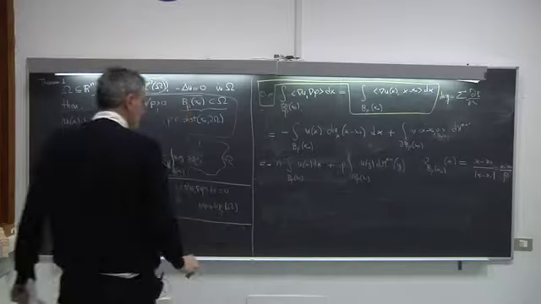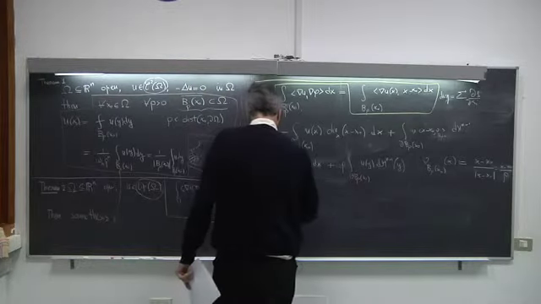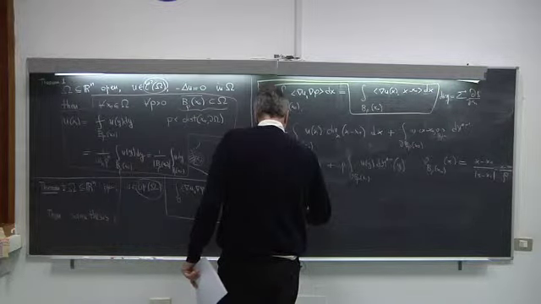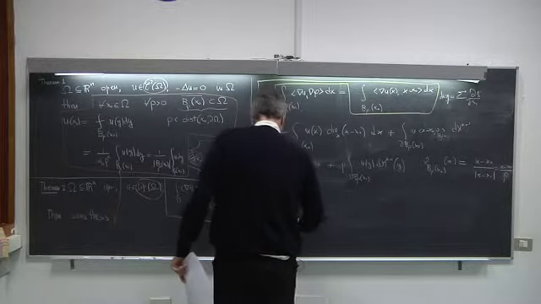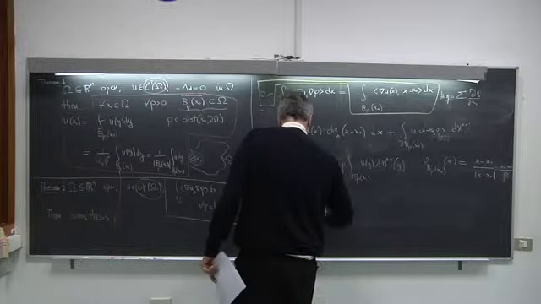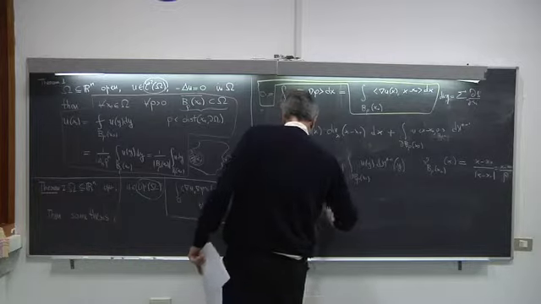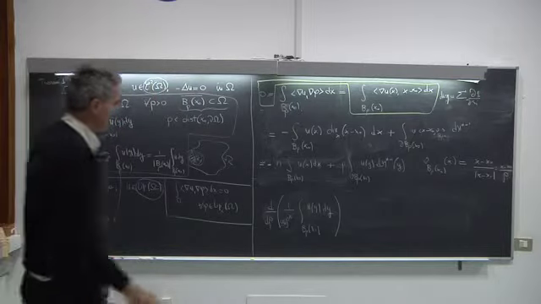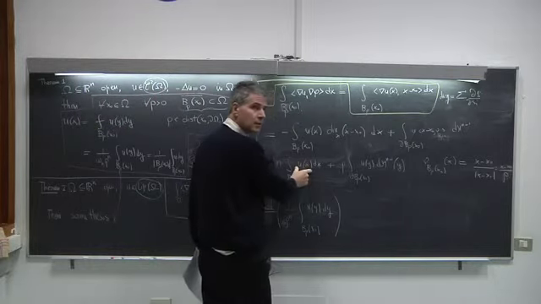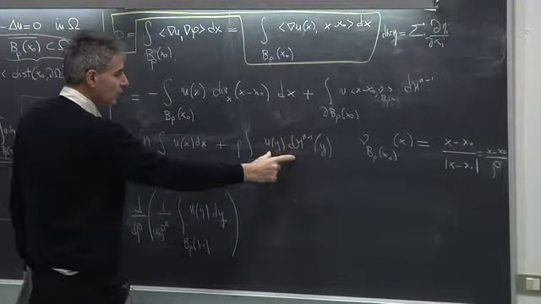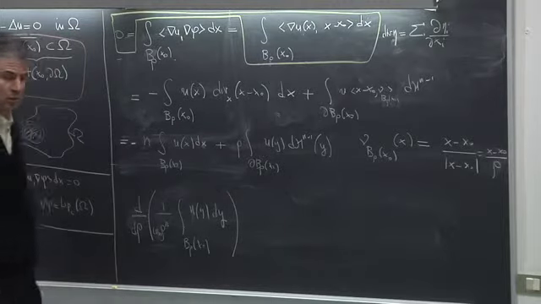Now let us compute the derivative d over d rho separately. You see there is a volume integral and a surface integral of u, but multiplied by rho.